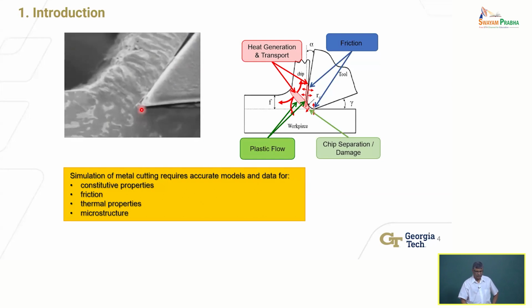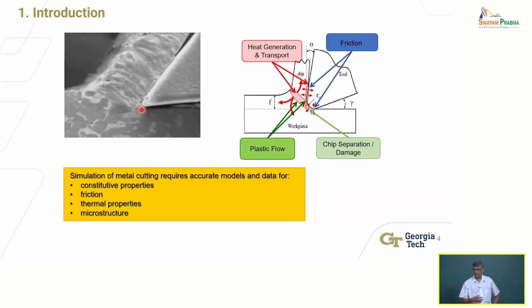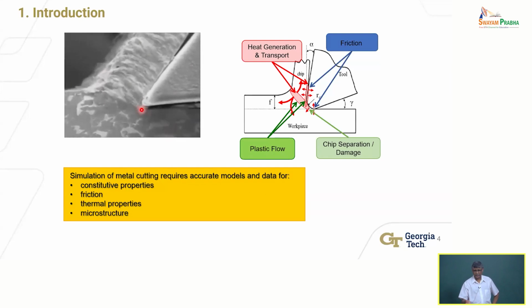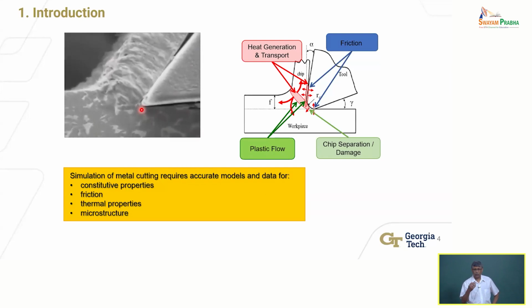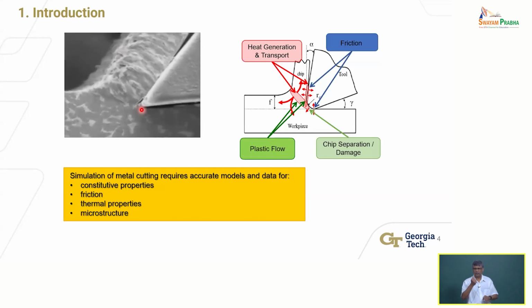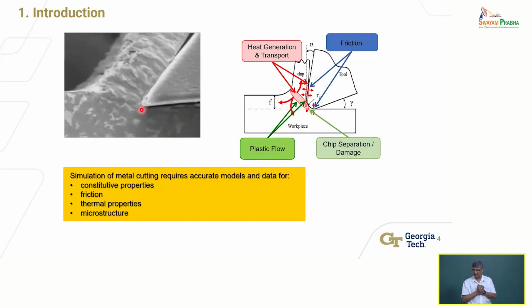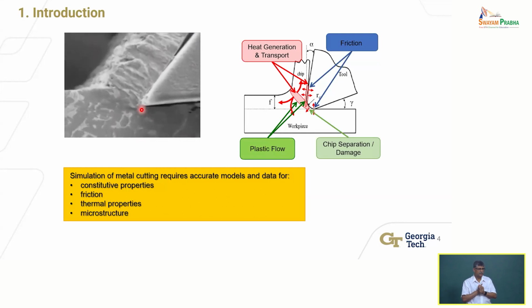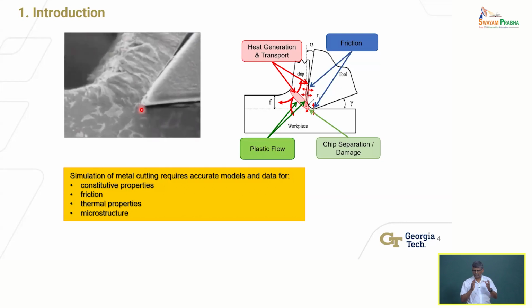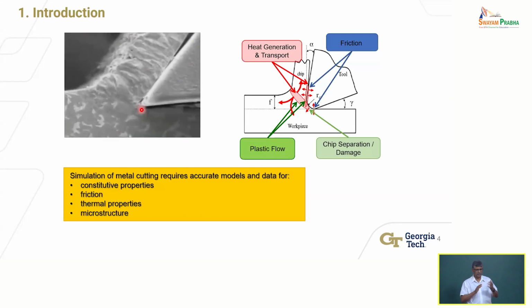And the rate at which the material is being strained, that is the strain rate, is a few orders of magnitude greater than what you experience in a typical tension test, which all of you are familiar with, tension and compression tests done in the lab.